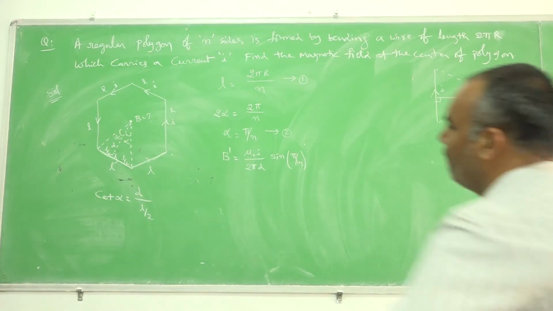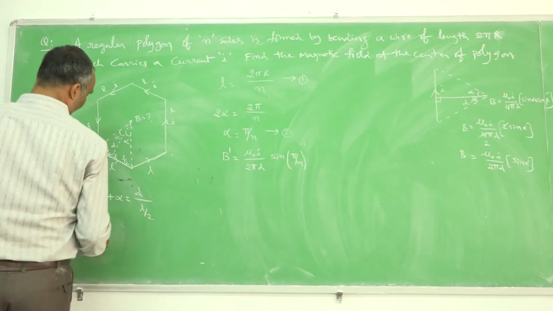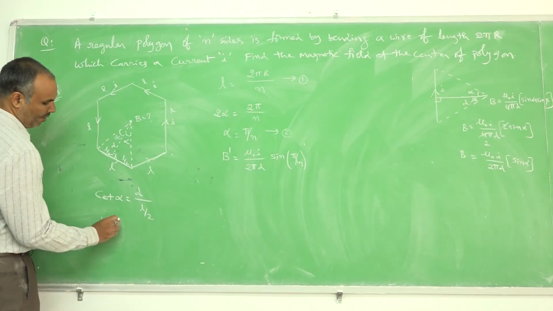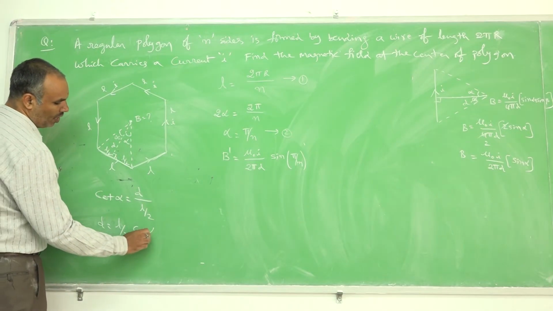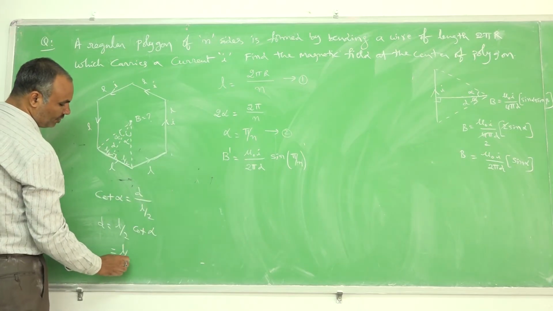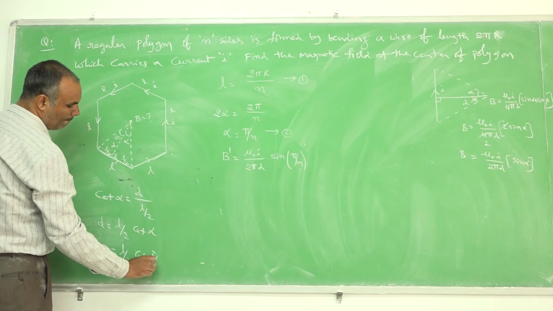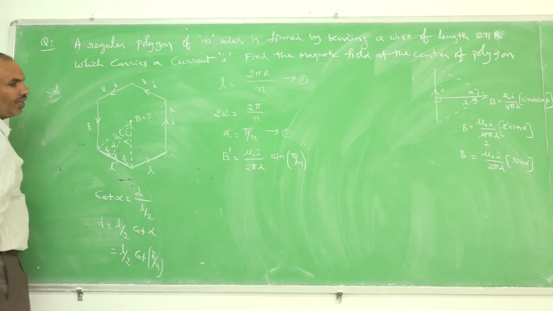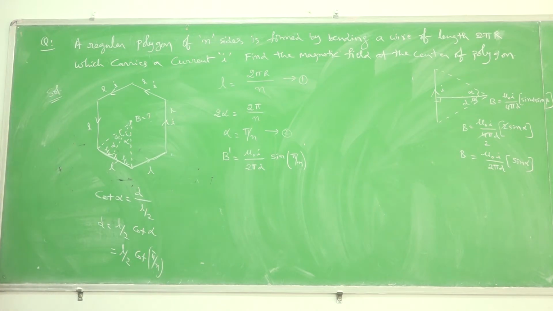So d is given by L by 2 cot alpha. Already we calculated alpha as pi by n. So d is L by 2 cot pi by n.